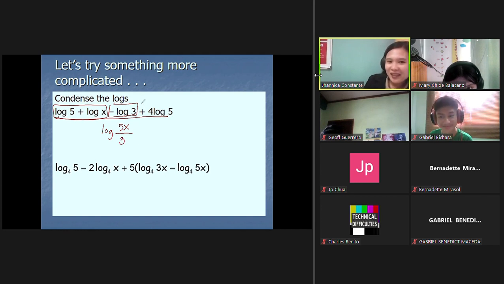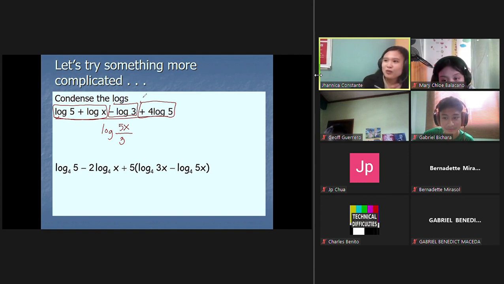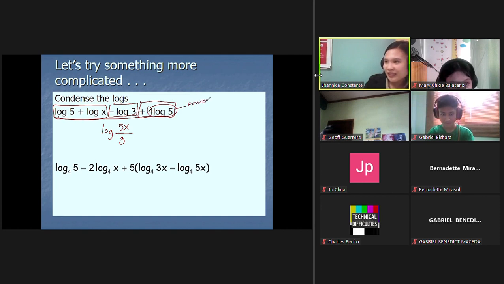And then plus the 4 logarithmic of 5. 4 logarithmic of 5 uses the power rule. Am I correct? This one uses your power rule. If you're going to write this one, it will become 5 raised to the fourth power.